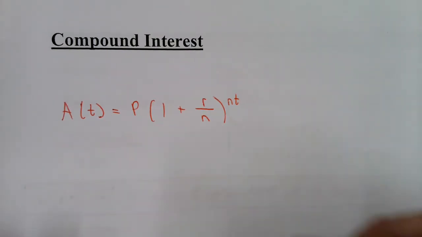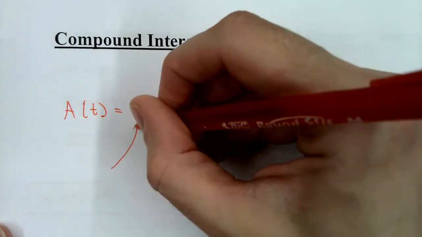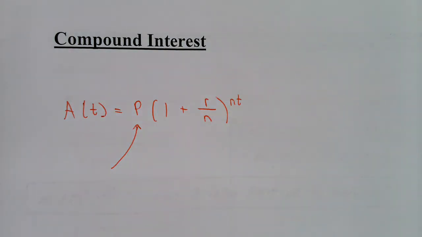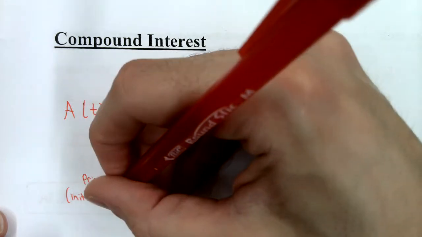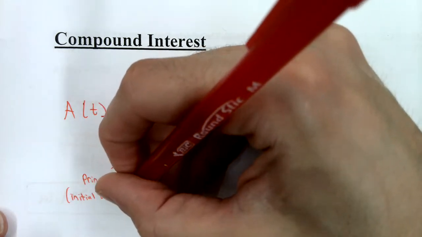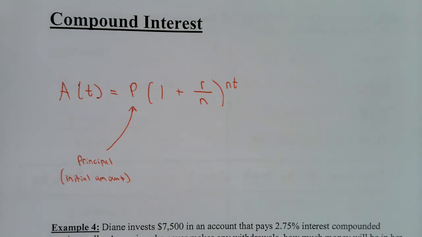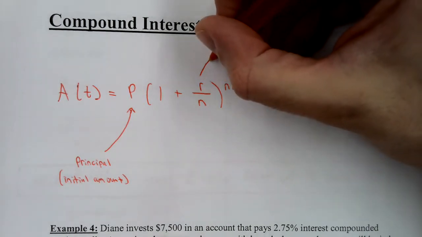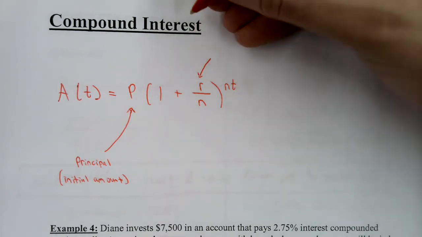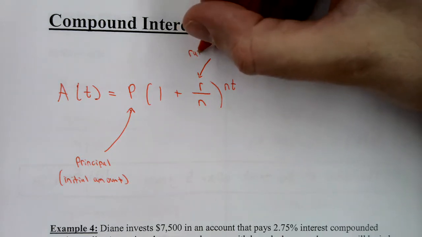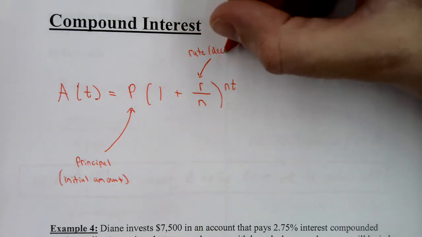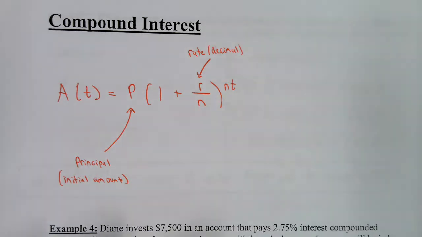So P is your principal or your initial amount. R is your rate, and it's as a decimal. Meaning don't give it as a percentage, turn it to a decimal.